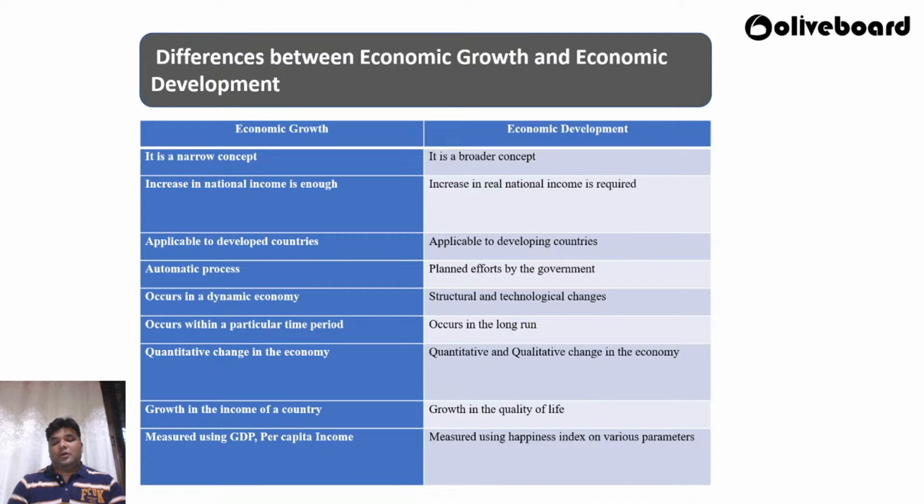So growth occurs in a dynamic economy, right? An economy which has a fledgling primary, secondary, and tertiary sector, whereas development occurs in an ecosystem where structural and technological changes take place, right? So when you talk about economic development, what do you understand by structural and technological changes?